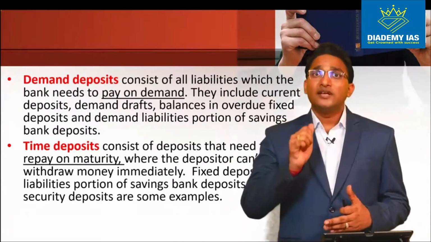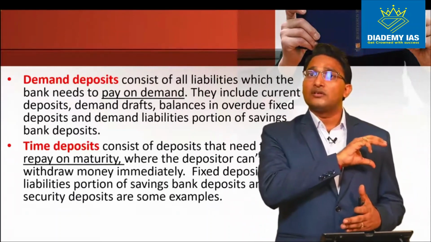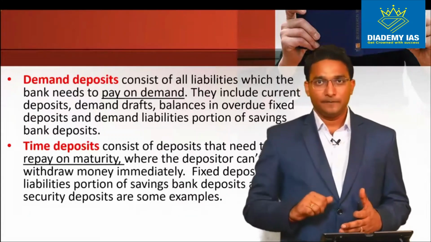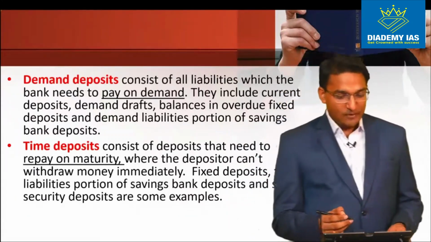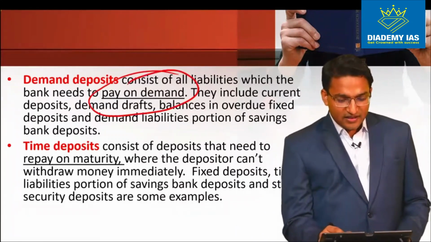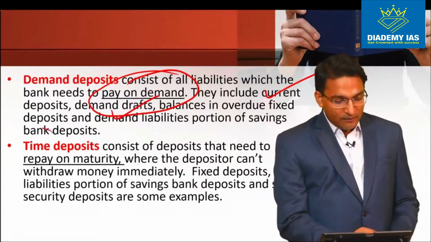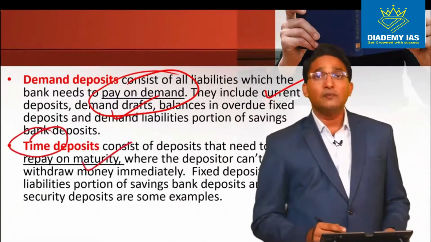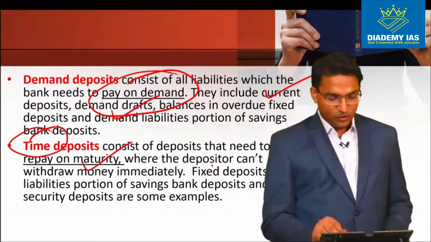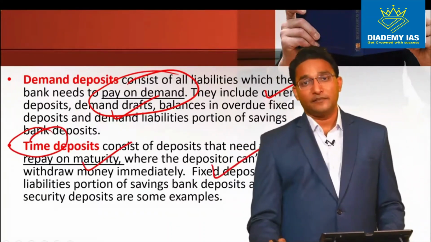The bank knows that before a certain time the customer cannot demand the money back. So demand deposit means the money which is payable on demand, and it can exist in the form of a current account, demand draft, etc. The time deposit means the money which is payable on maturity only. For example, the fixed deposit, right? So this is what we mean by demand and time.